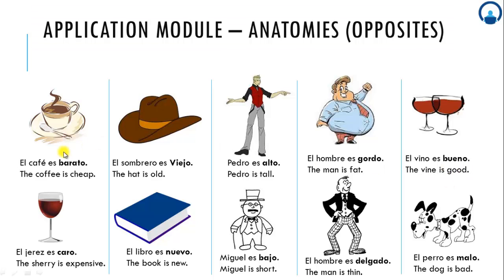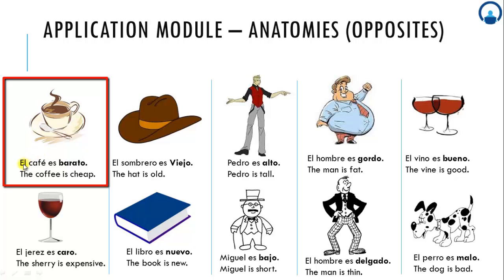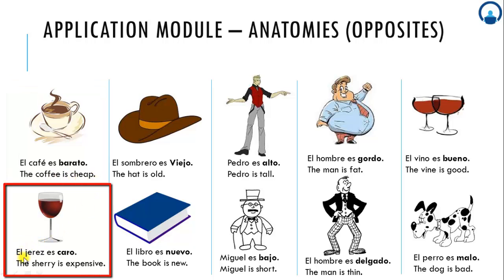The first one, el café es barato. That means the coffee is cheap. El Jerez es caro. That means the sherry is expensive. So we have learned two new words called barato and caro. Those are opposites.